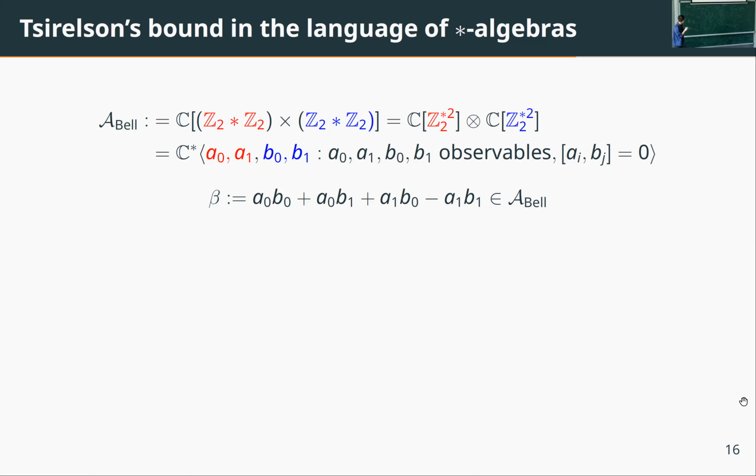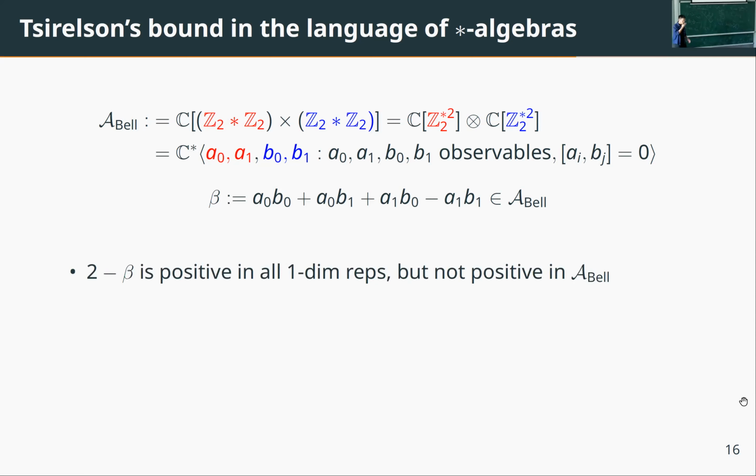The group algebra of the product of groups is equal to the tensor product of the group algebras of the groups. So the noncommutative polynomial here is just a0 b0 plus a0 b1 plus a1 b0 minus a1 b1. So this is an element in this algebra.